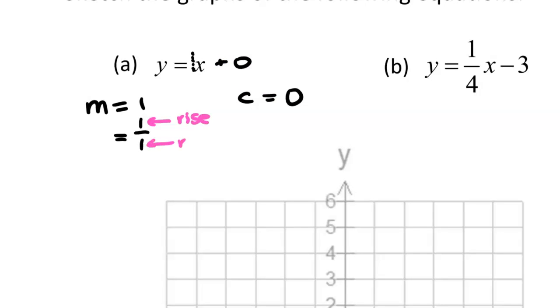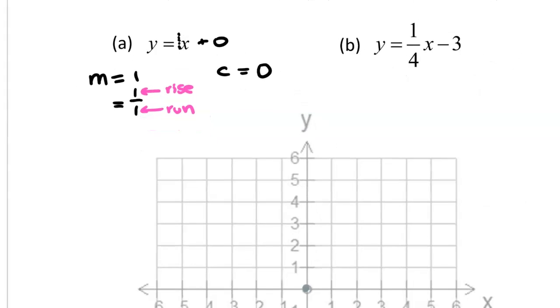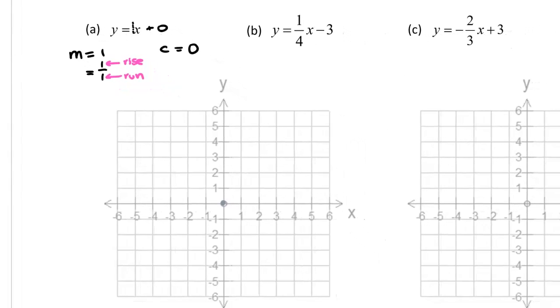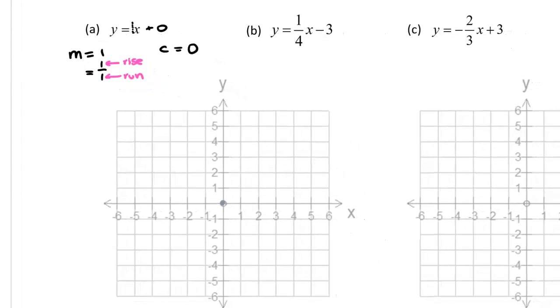And we're going to use this number underneath, that's why we needed it, to tell us how far to run. So this tells us that we need to rise up 1. So I like to imagine I'm jumping up 1. Now I need to run, and I need to run 1 unit, and we're going to run to the right. So we have a positive line here.